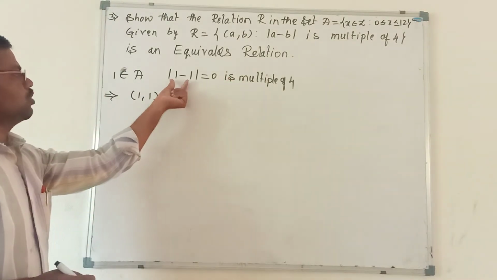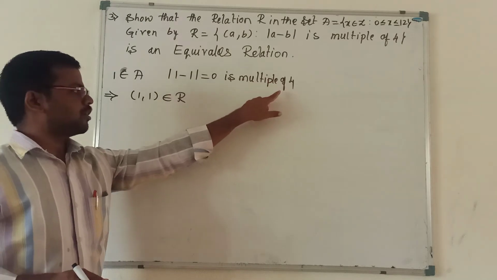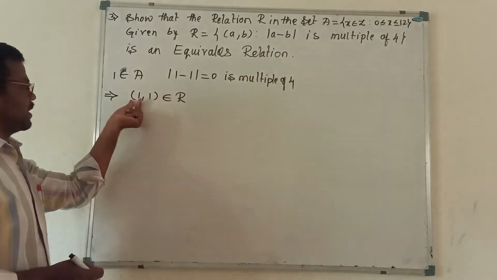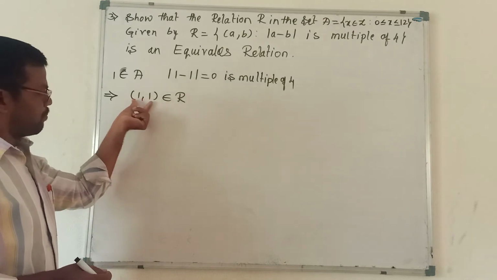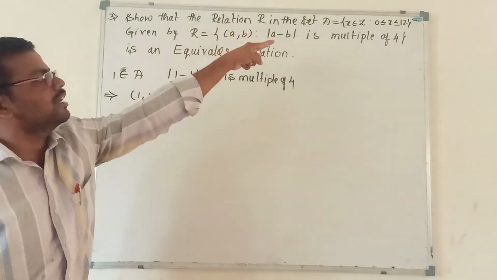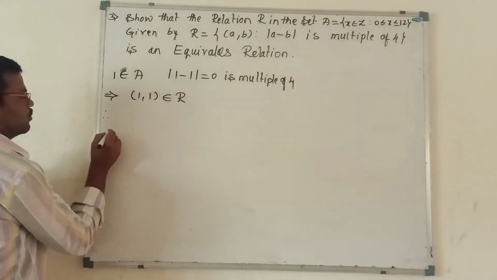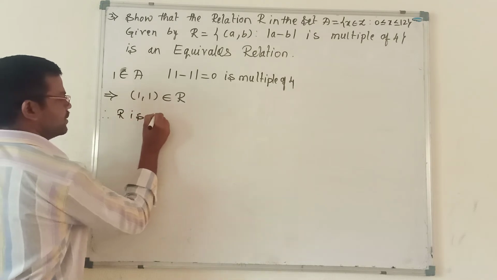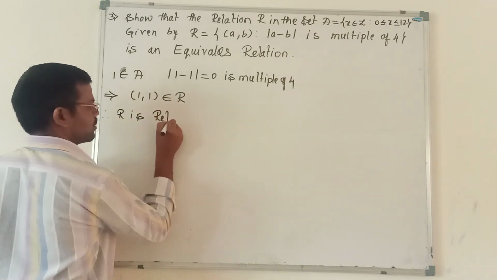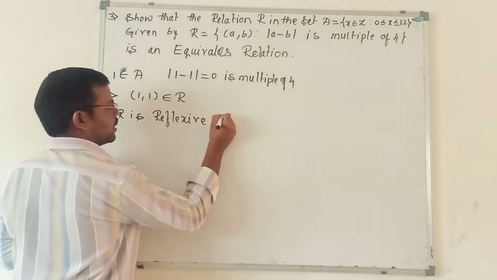It means 12 minus 12 is a multiple of 4, which implies that 12 comma 12 also belongs to R. So we have this type of pair for every number of A. Therefore, we can say that R is a reflexive relation.